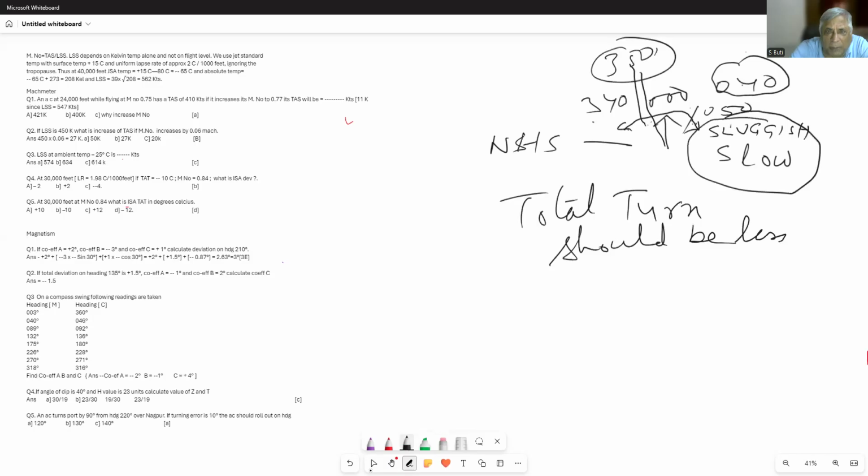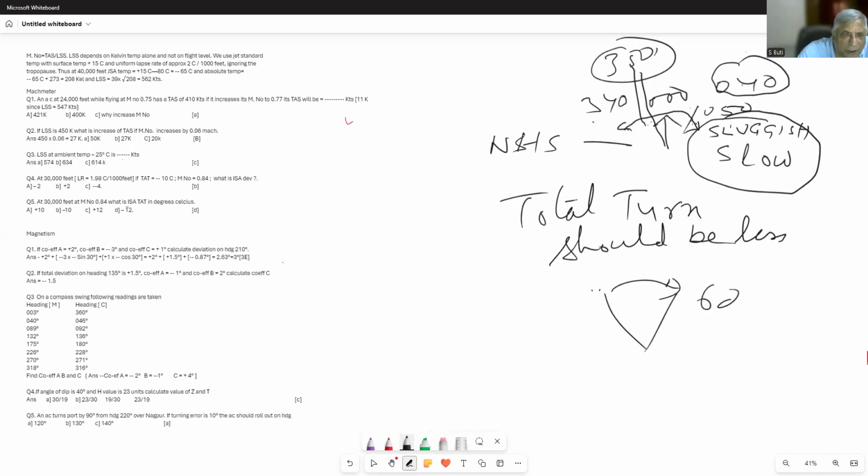So if you have to turn by 80 degrees, if turning error is 20 degrees, turn only by 60 degrees. And from your current heading, to find out the heading on which you should roll out, if you are turning left, readings will decrease, turning right, readings will increase. Apply that logic.